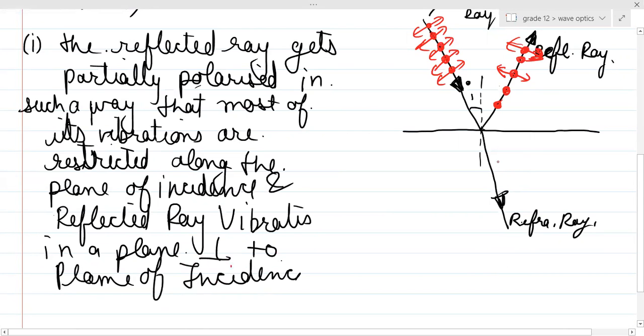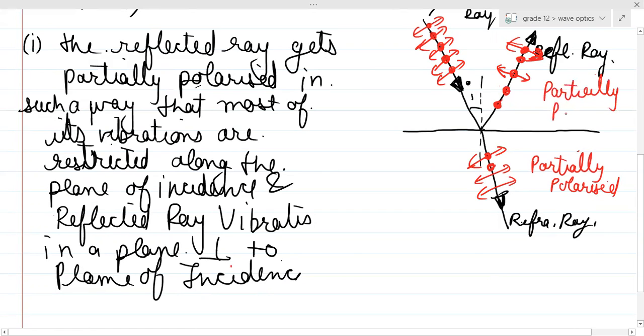What about the refracted ray, sir? Again, the refracted ray is also partially polarized.